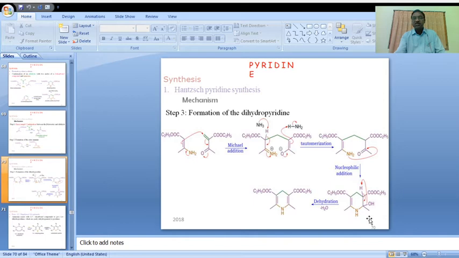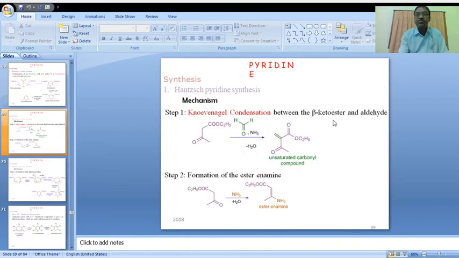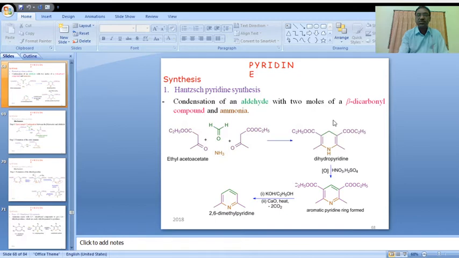From this, there is loss of a water molecule, a dehydration process, and we will get a dihydropyridine. Please observe in the actual reaction: 2 moles of beta carbonyl compound, 2 moles of beta keto ester.